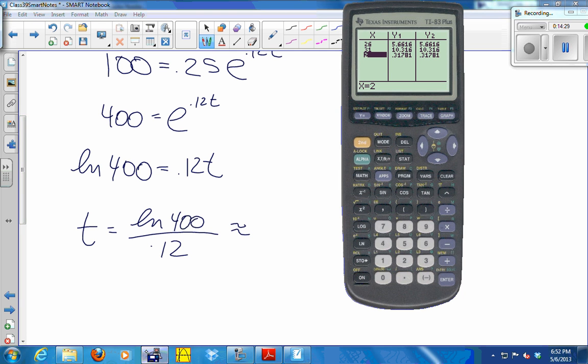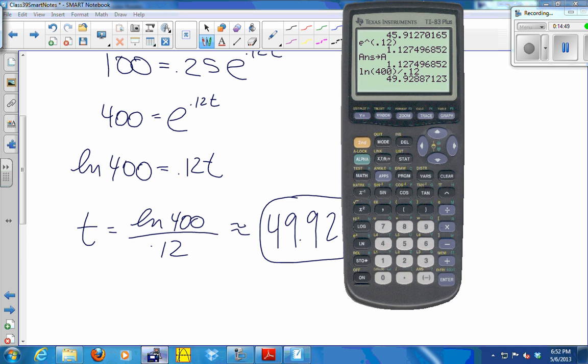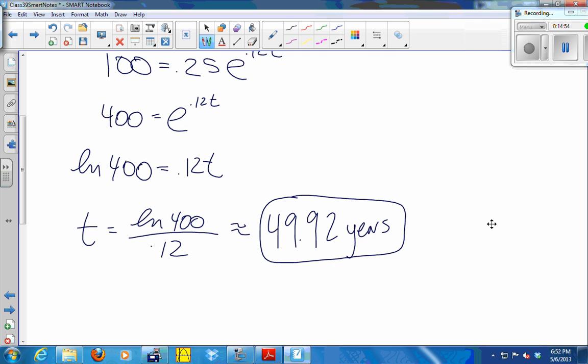So that comes out to approximately ln 400 divided by 0.12, 49.92 years. After 1976, which is the year 2025, almost 2026.